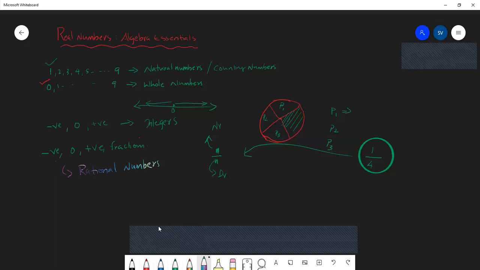After this rational number system, we have another system called the complex number system. Complex number system is a system of numbers which are of the form a plus ib. A plus ib is called a complex number. So in a complex number system, we will have a real part and an imaginary part for that particular number.